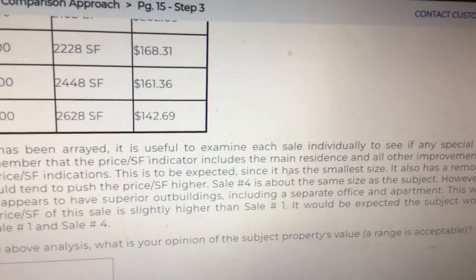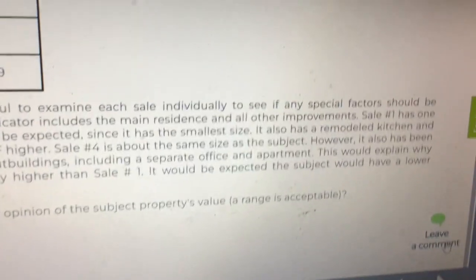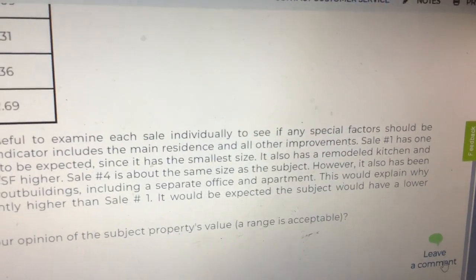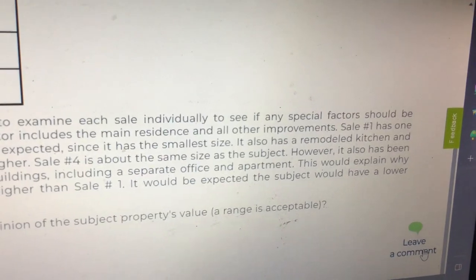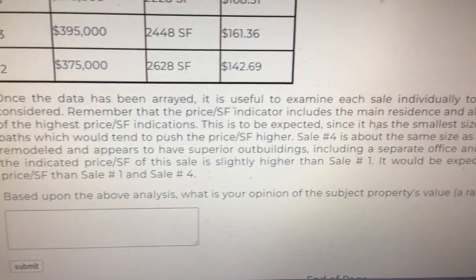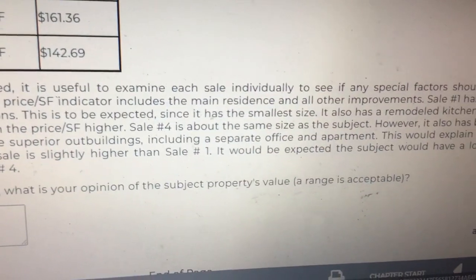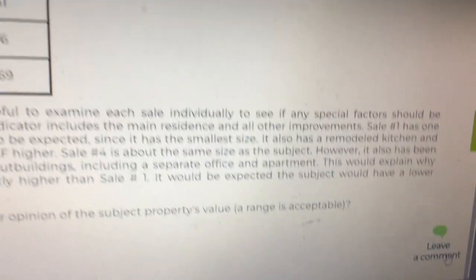Sale number 4 is about the same size as the subject. However, it also has been remodeled and appears to have superior outbuildings, including a separate office and apartment.